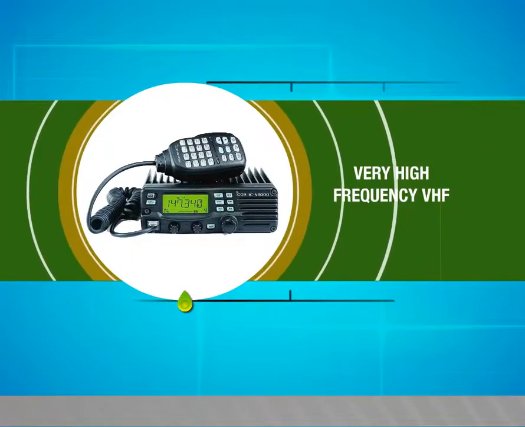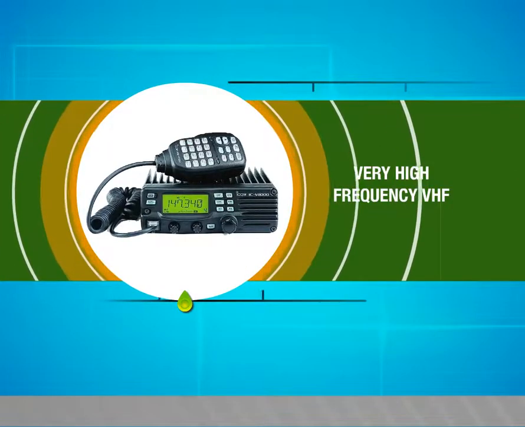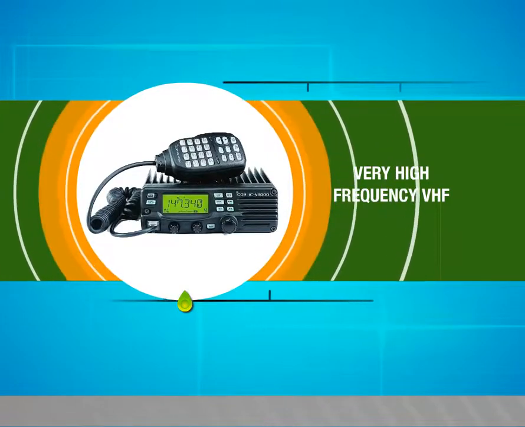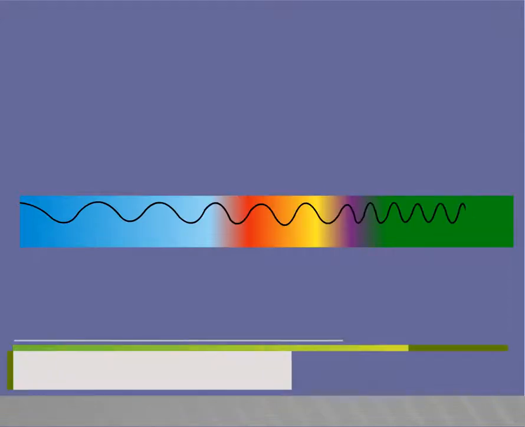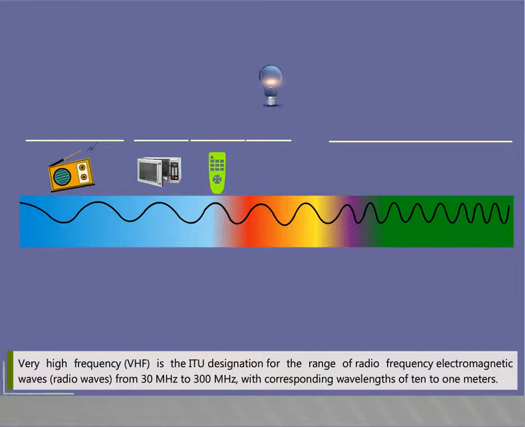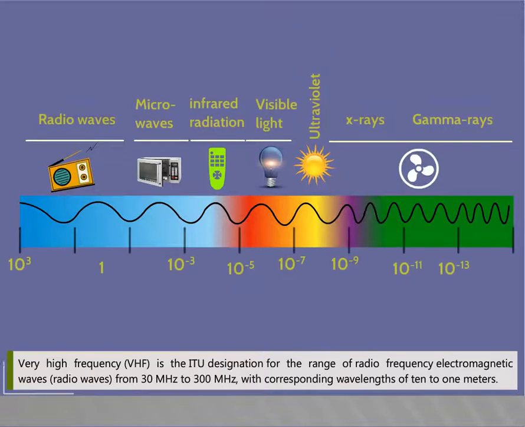Very high frequency, that is VHF. In this video, we are going to see about very high frequency, that is VHF. Very high frequency, that is VHF, is the ITU designation for the range of radio frequency electromagnetic waves, that is radio waves, from 30 MHz to 300 MHz with corresponding wavelengths of 1 to 10 meters.